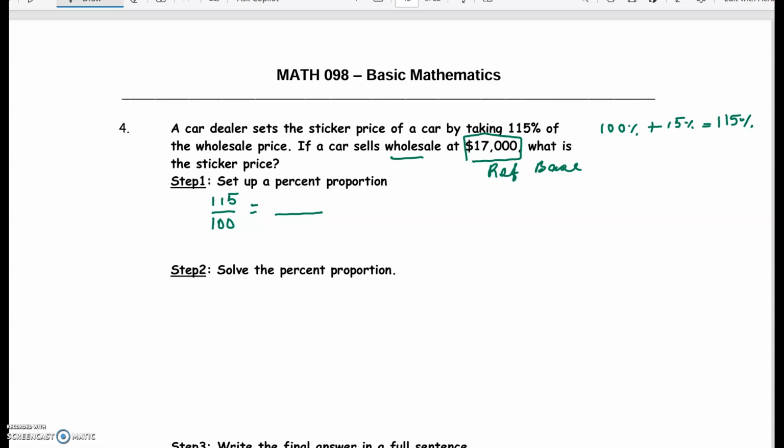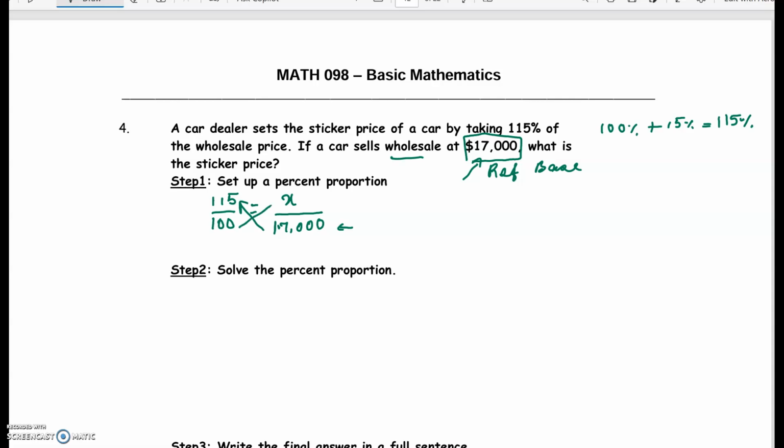We have marked it up based on which number? 17,000. So we are looking at the sticker price, that is the price at which they sell the car, as 15% more than this number. So the reference value is 17,000, and we don't know what this number is, so we call it X.